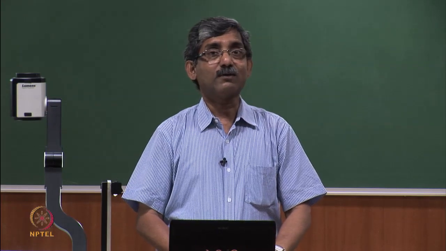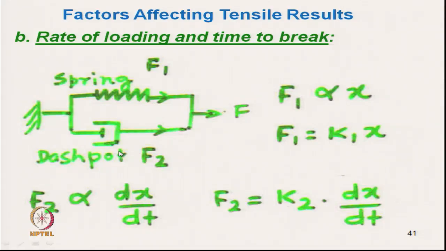But in case of the dashpot, what happens? The force increases with the rate of extension. If the rate is very low, the dashpot will exert very low force, but as the rate increases, the dashpot will exert very high force.